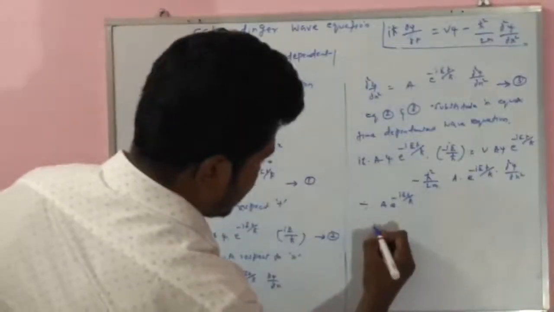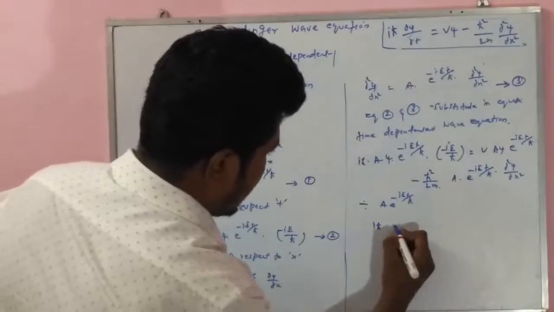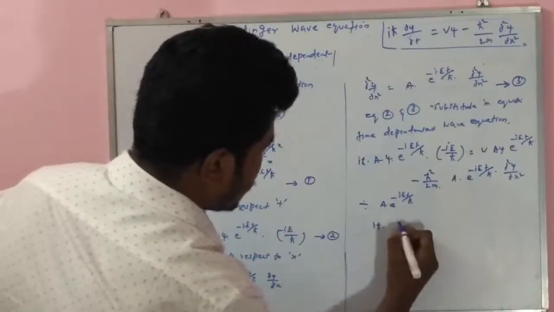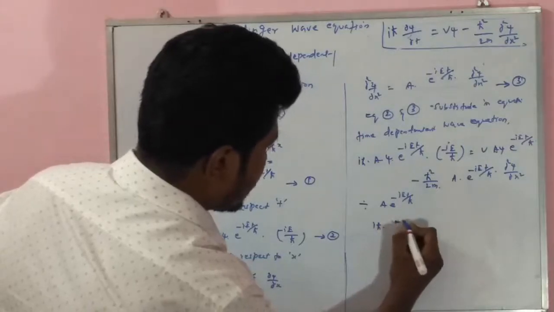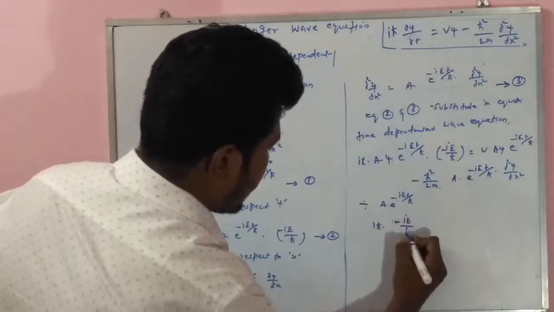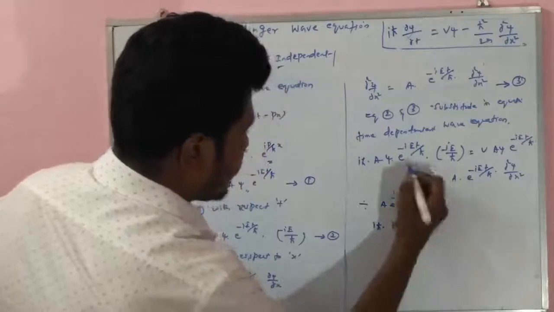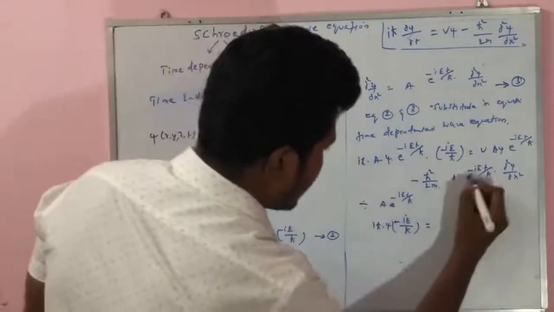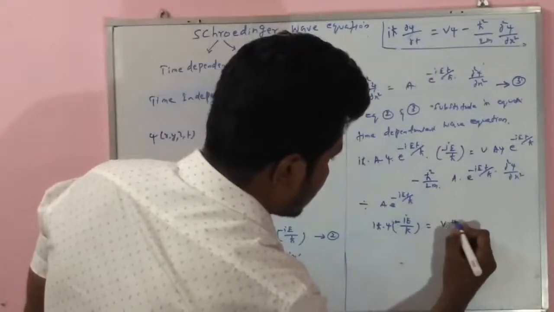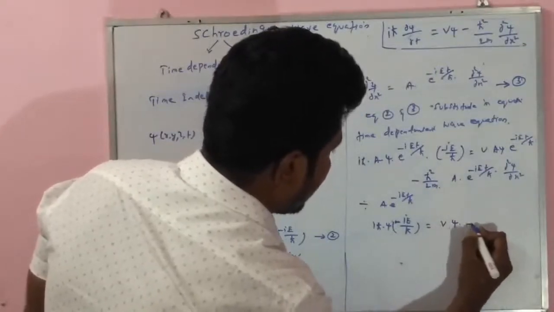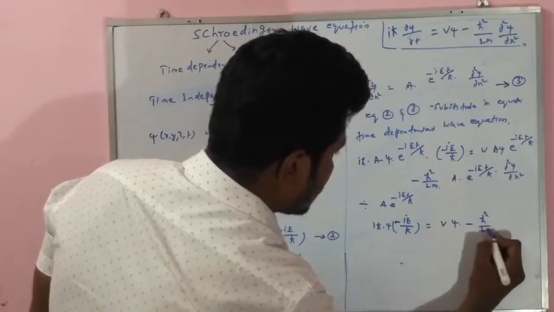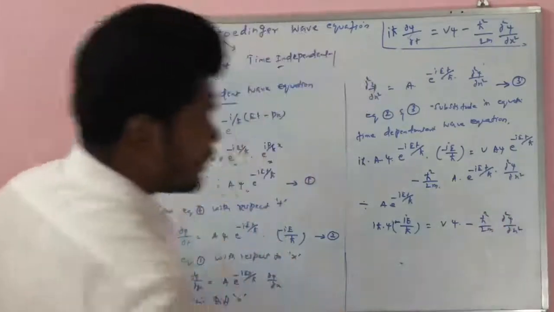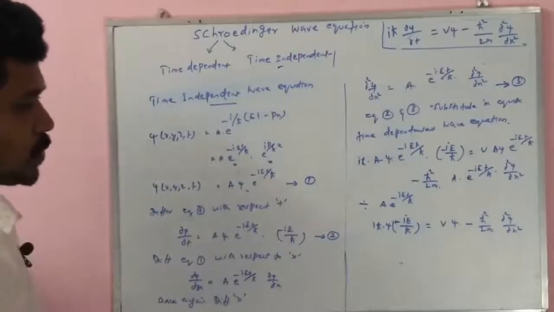So this answer is iħ into minus iE divided by ħ, equal to Vψ minus ħ²/2m ∂²ψ/∂x².